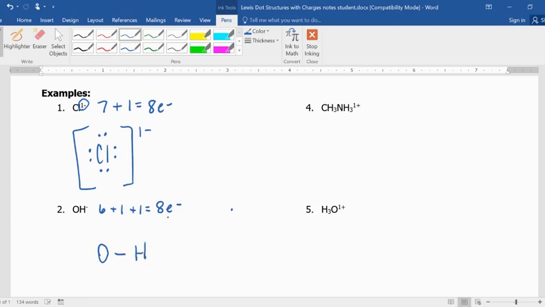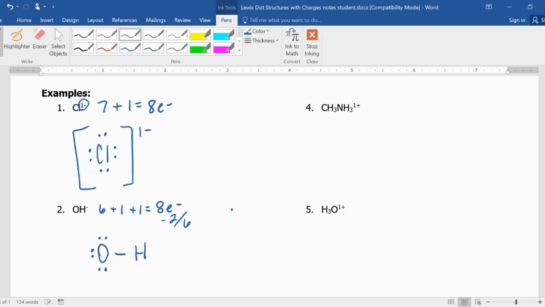In drawing that, I just used 2 electrons, so I have 6 electrons left. Hydrogen doesn't need any more electrons because it only needs the 2. But oxygen still needs 2, 4, 6, because it already has 2 in that bond. That's how many we have left, so we can just go ahead and add those 6.